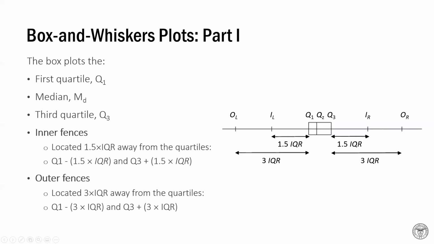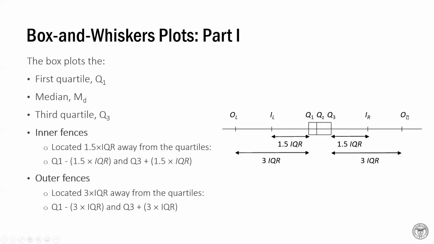The second set of fences are called outer fences. The lower outer fence is given by Q1 minus 3 times IQR, and the upper outer fence is given by Q3 plus 3 times IQR.